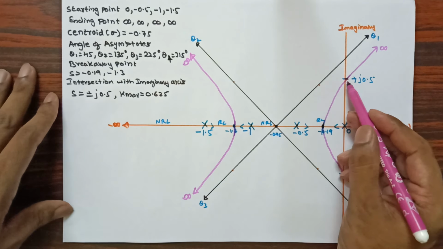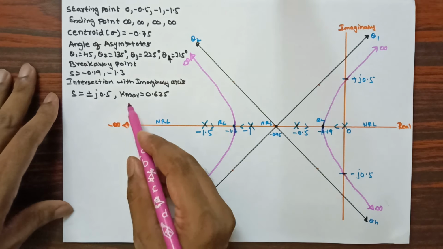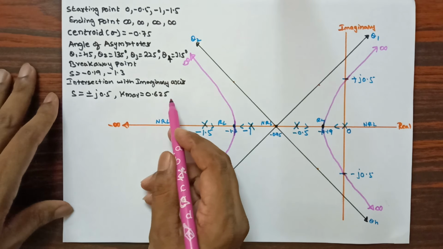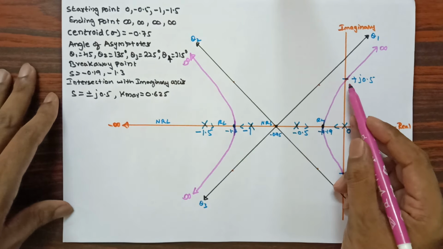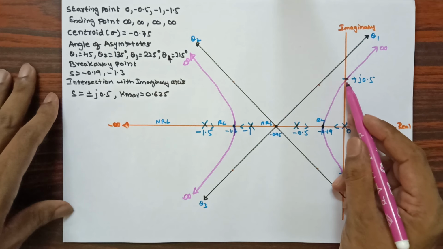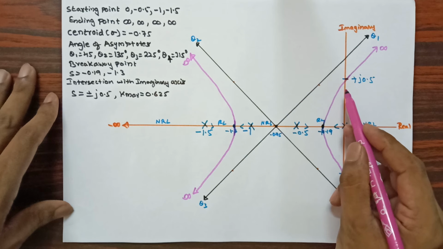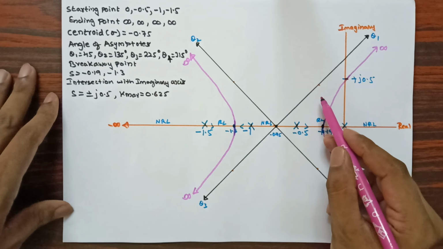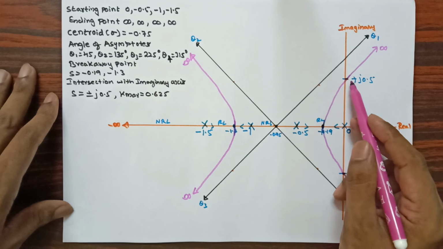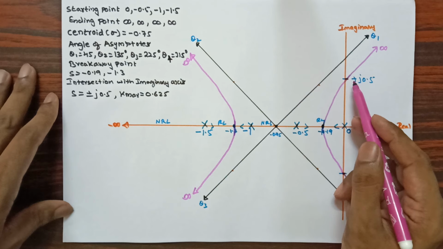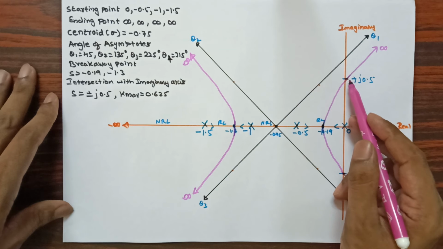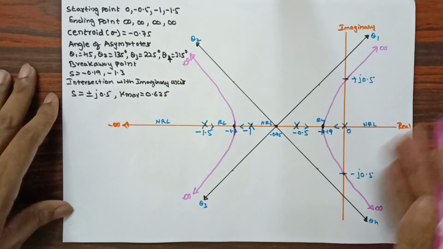Now this intersection value I have calculated as k margin equal to 0.625. That means the system is marginally stable for k equal to 0.625, the system is stable for k less than 0.625, and the system becomes unstable when k is greater than 0.625. You can see that at k greater than 0.625, the roots are coming to the right hand side.